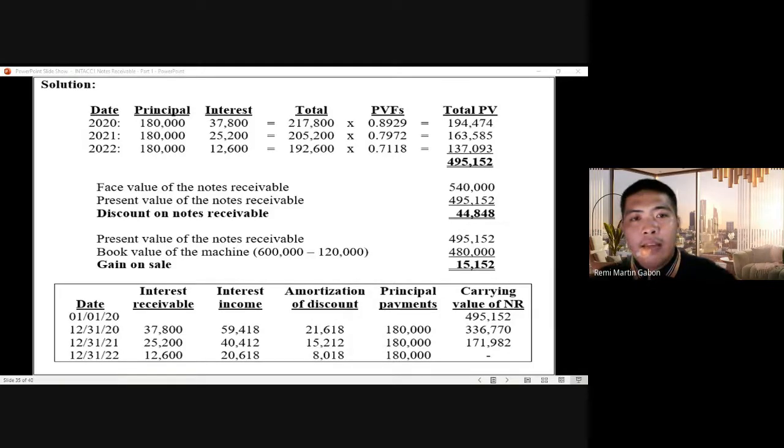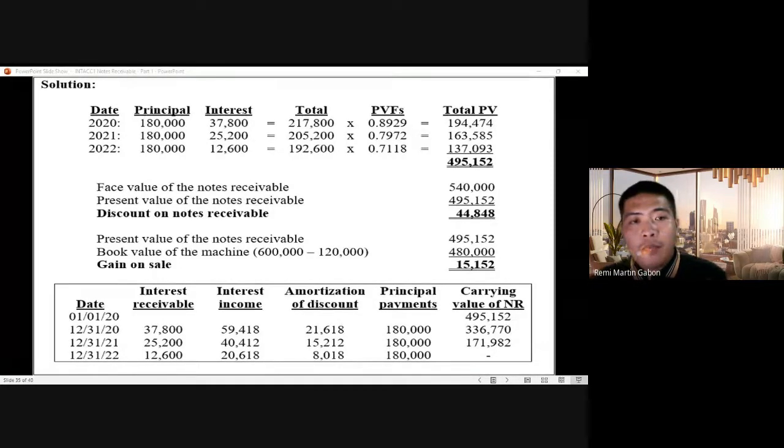Kindly raise hand if nakuha si 336,770. Okay, nakuha naman pala. So that's good. Then from 336,770, proceed ka ulit, multiply by 12%.